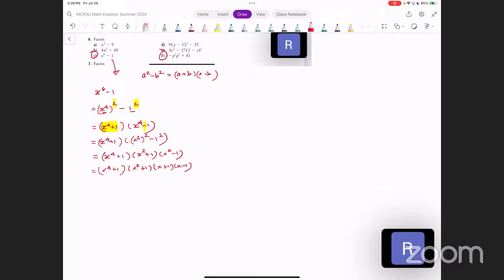I can give a hint. It is still difference of squares. It's still that the questions involve a squared minus b squared format.